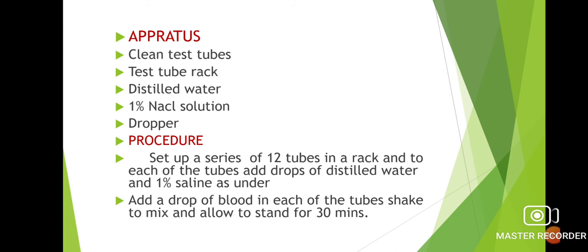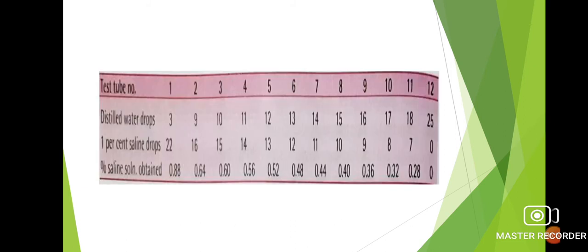Then we will add a drop of blood in each tube, mix them and allow them to stand for 30 minutes. Here you can see from test tube number 1 to 12 we will add the distilled water drops in increasing order and 1% saline drops in decreasing order. So the concentration we will obtain will range from 0.88% to 0.